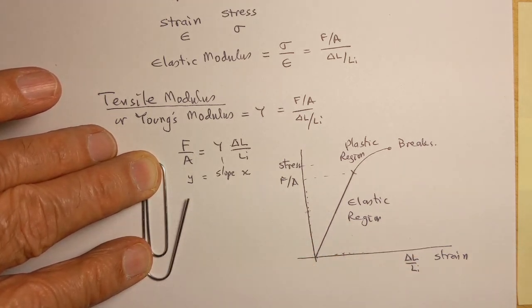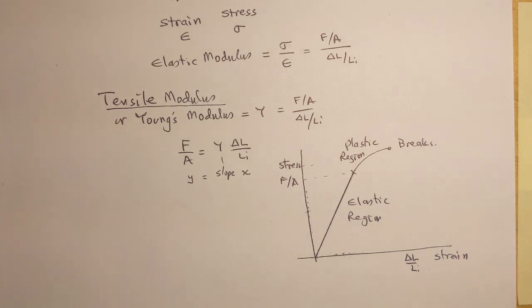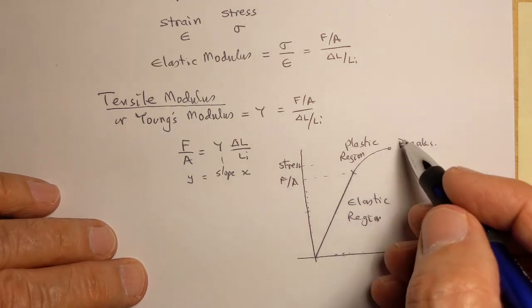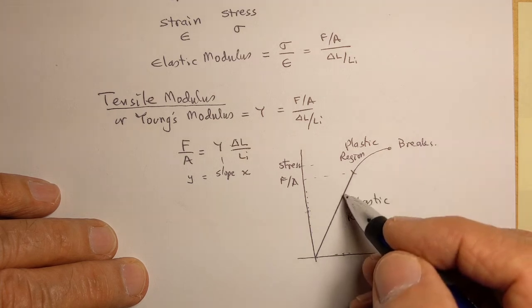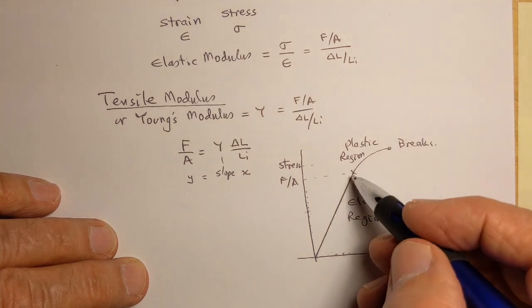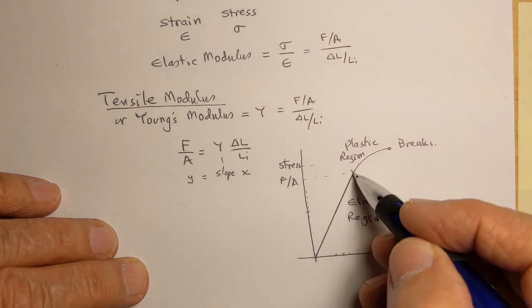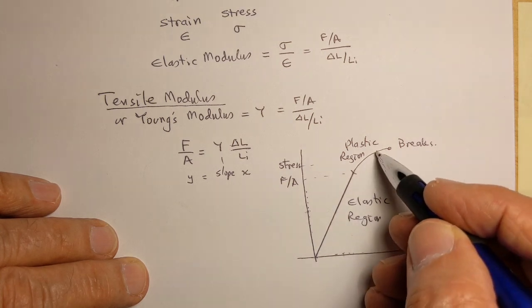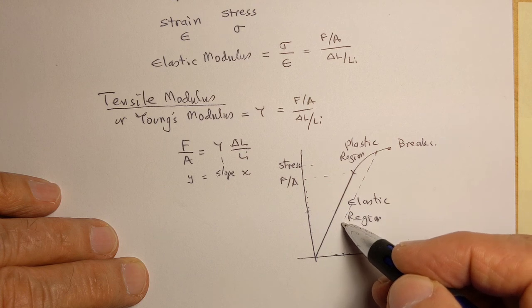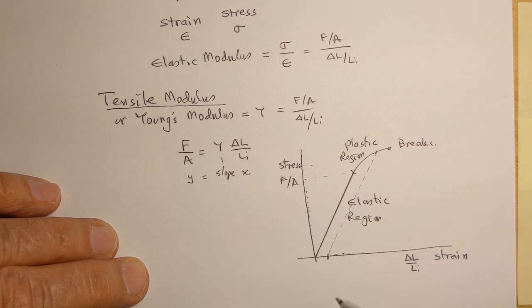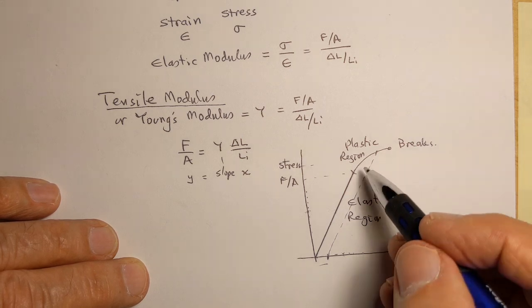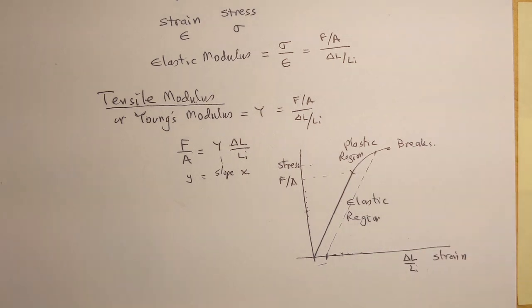So it has now entered the plastic range, or we have plastic deformation. This is elastic deformation, this is plastic deformation. An object that's pulled up to here and released will go back. But if we had pulled it up to here and then released, it would have this much permanent deformation in it. And then it could break ultimately.